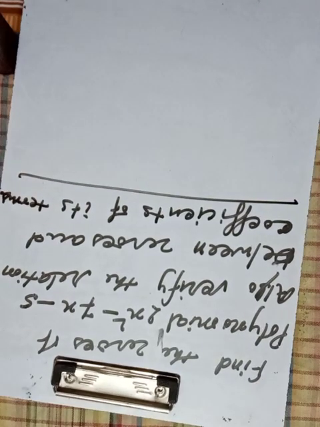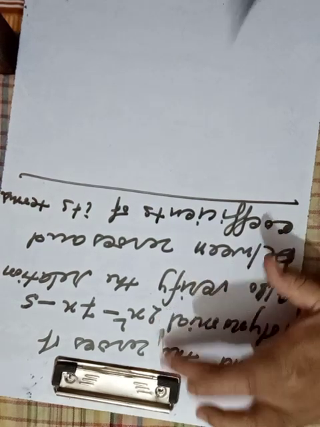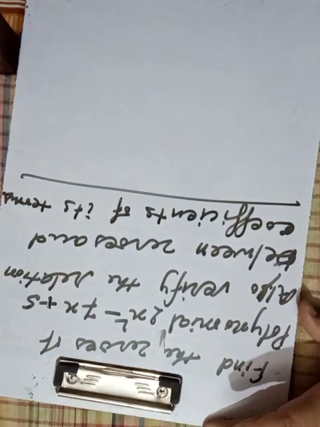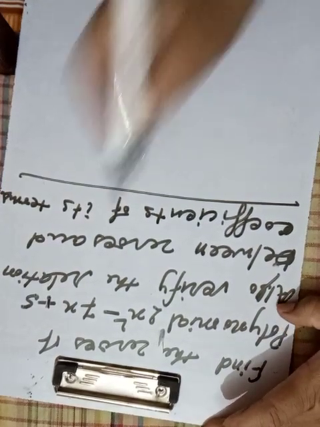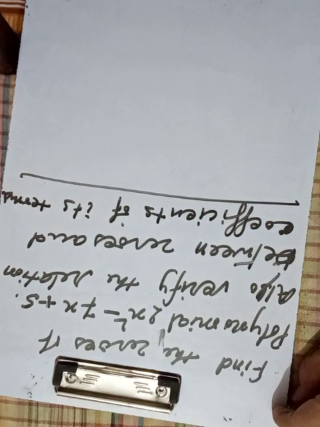So this is my question. Once again, find the zeros of the polynomial 2x square minus 7x plus 5, I am taking plus 5. Also verify the relation between zeros and coefficients of its terms. So this is my question.